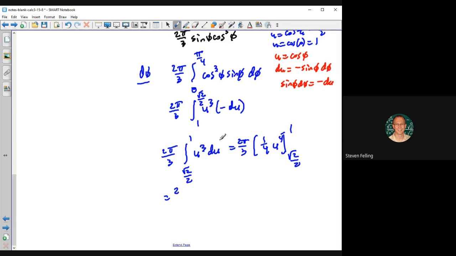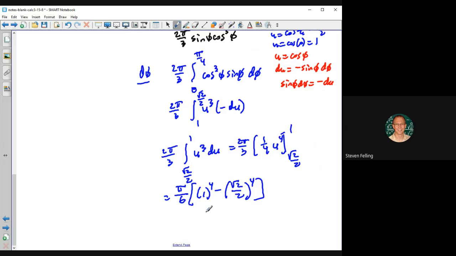So actually, this 2 and this 2 cancel, so we would end up with pi over, and then that'll be 6, right? 2 over 4 is 1/2 times a third is a sixth. And then we would have 1 to the 4th minus square root of 2 over 2 to the 4th.